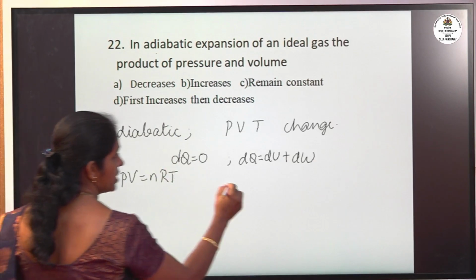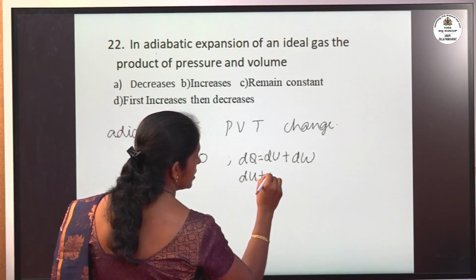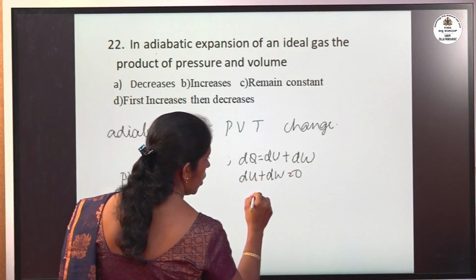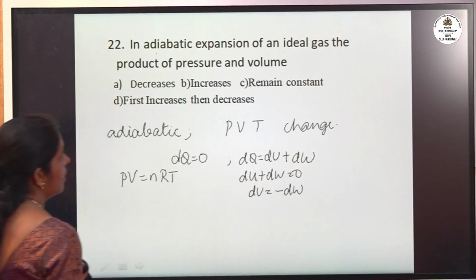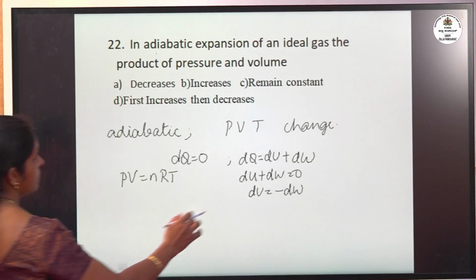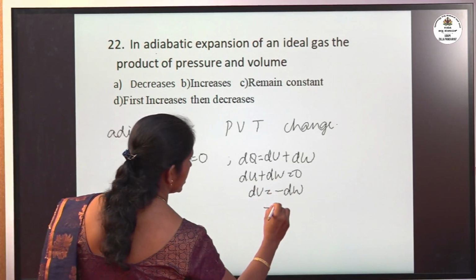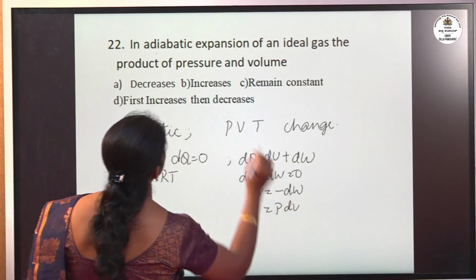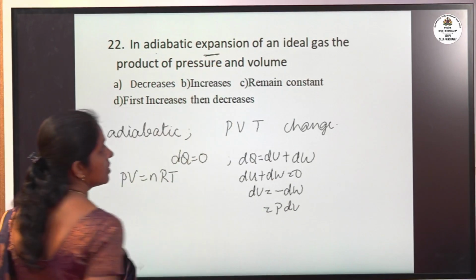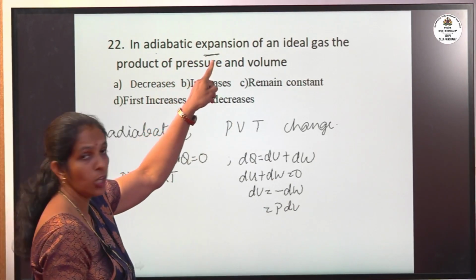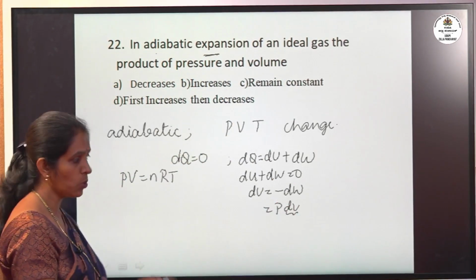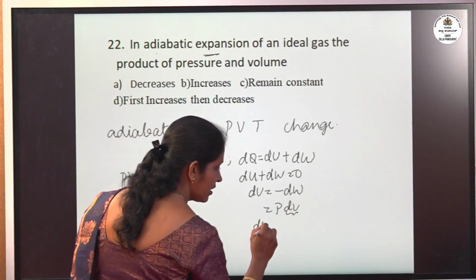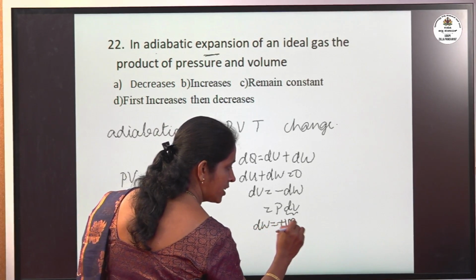Since dQ is 0, dU plus dW must be equal to 0, or dU is equal to minus dW. But work done cannot be negative, because work done is PdV. It is expansion. During expansion, volume increases. Therefore, dV is positive, so work done is a positive quantity.